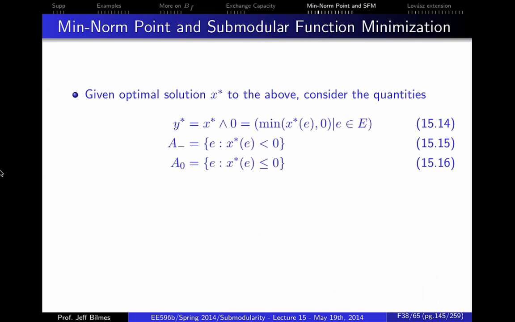It turns out that the minimum norm point algorithm is still to this day, in practice, probably the best choice if you want a general purpose submodular function minimization algorithm, not for special cases like graph cuts, but in general when you don't know anything about the submodular function, like when it's an oracle function.